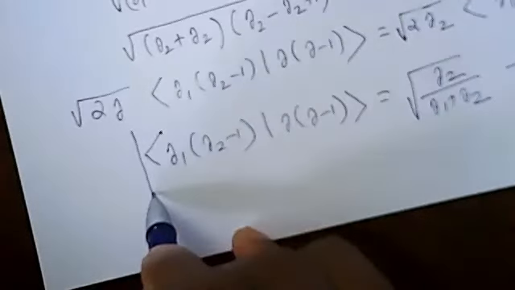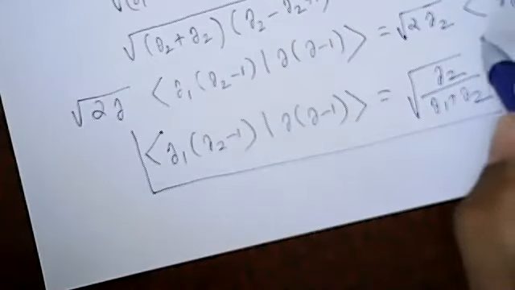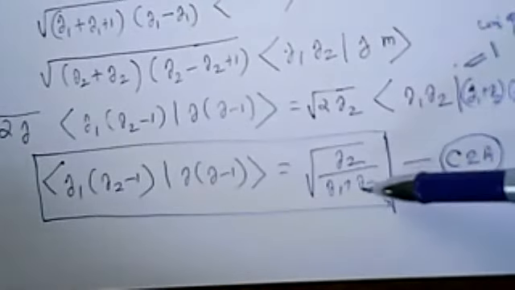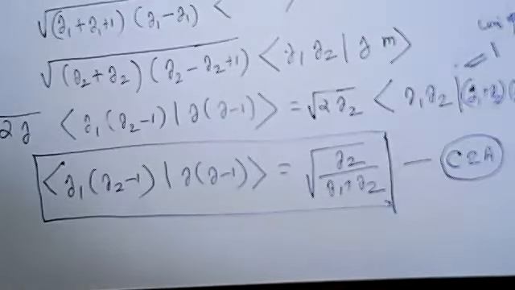So this is our first formula. Let us call this equation as coefficients. So we obtained this equation as root of j2 by j1 plus j2.